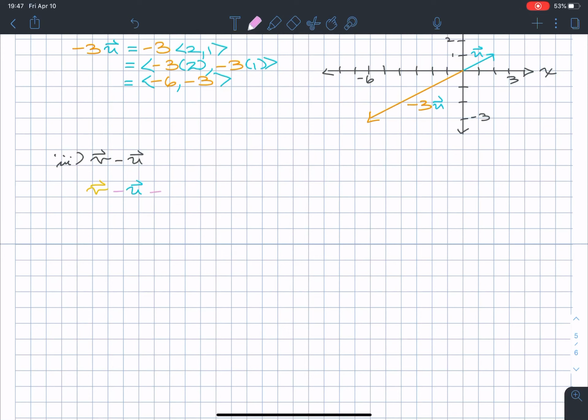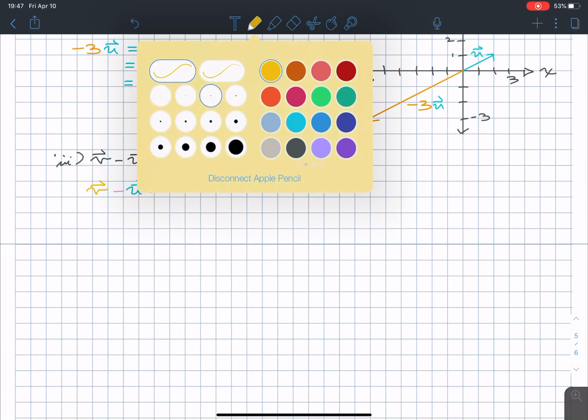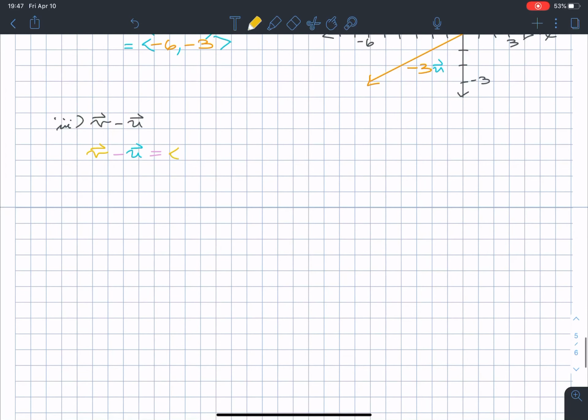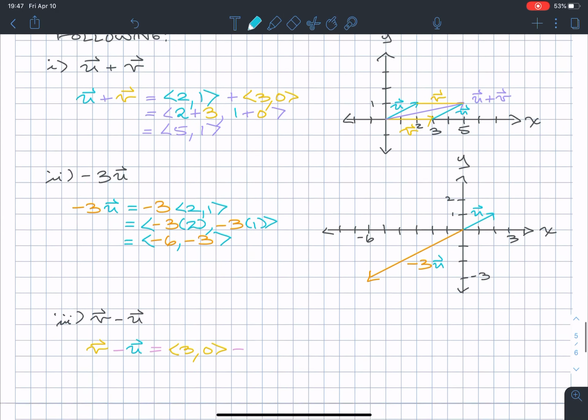V minus u is equal to vector v, which is 3, 0, minus vector u, which is 2, 1.